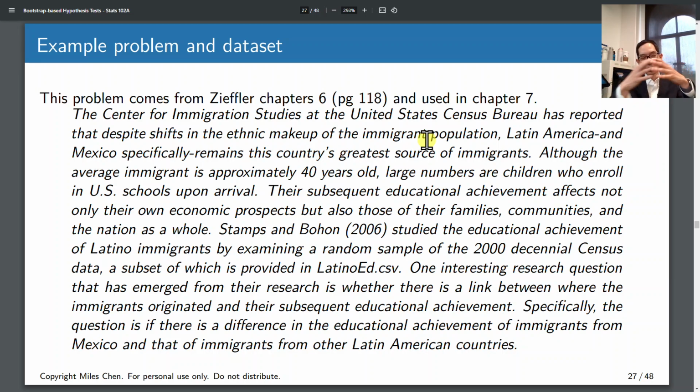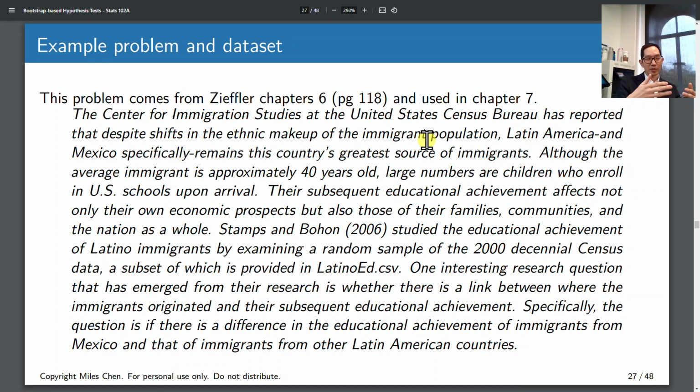They looked at a bunch of immigrants and were tracking educational achievement. They wanted to see: is there a difference between immigrants who come from Mexico versus all other Latin American countries in educational achievement?